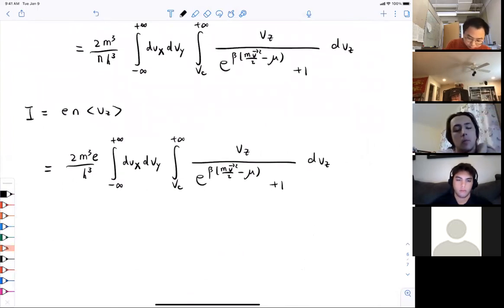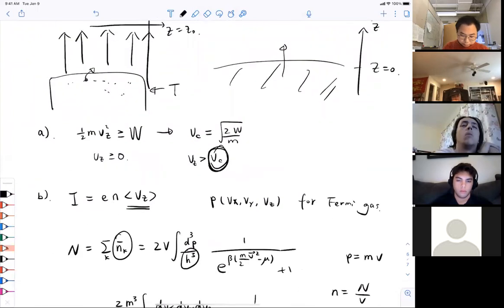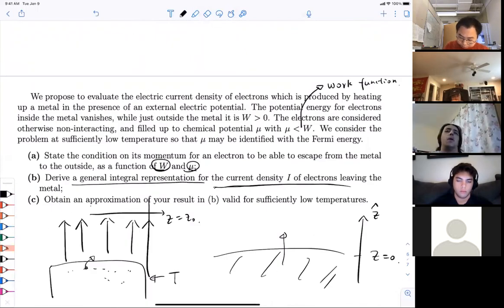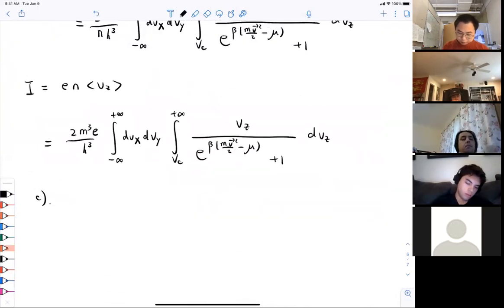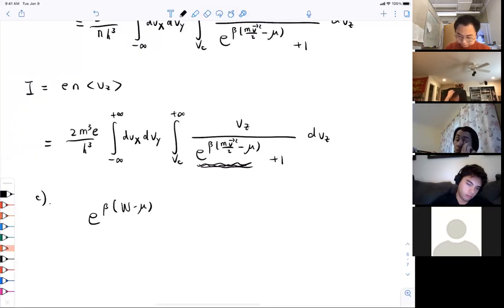Okay, so for part C, we need to approximate our results for sufficiently low temperature. So at low temperature, let's look at what is the smallest value for this factor. I mean, it's nothing but W minus mu, right?